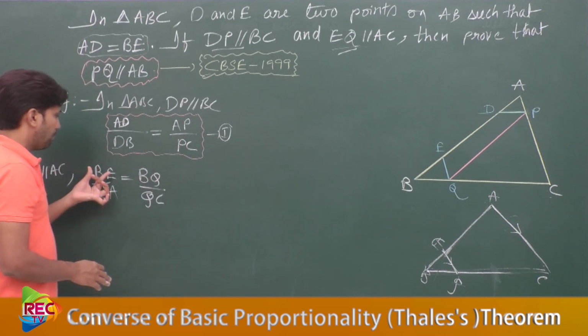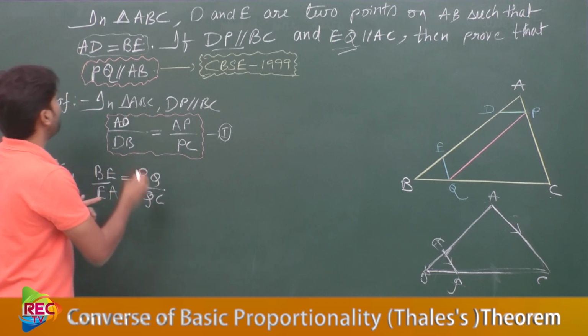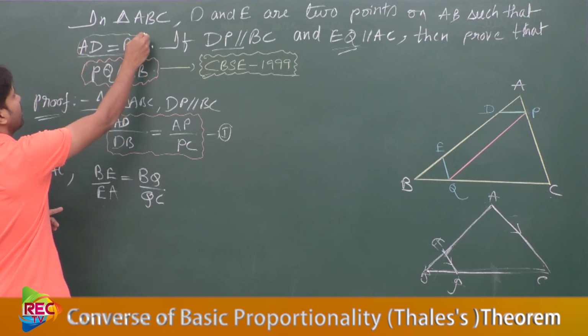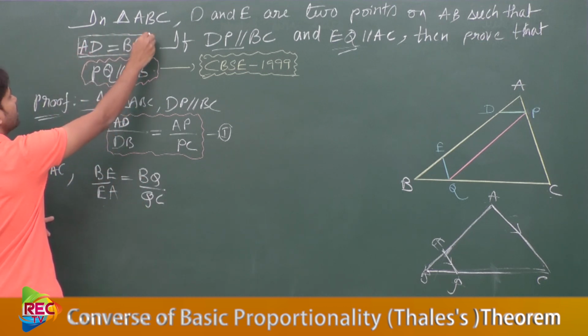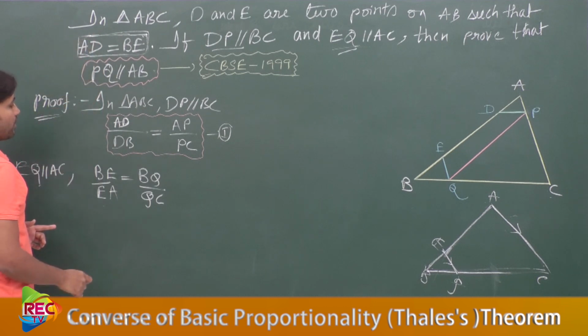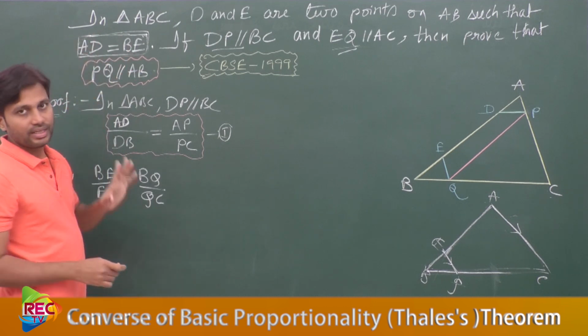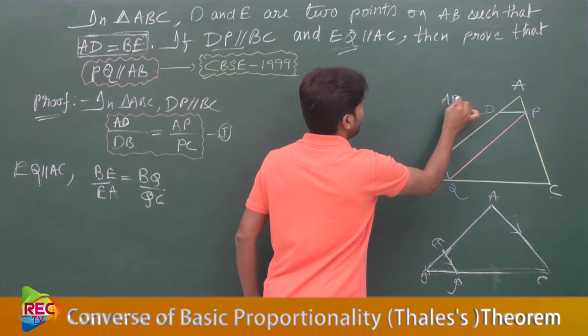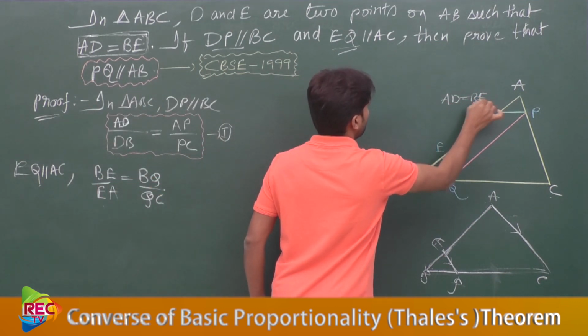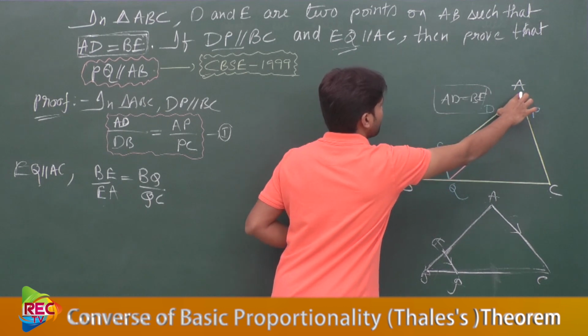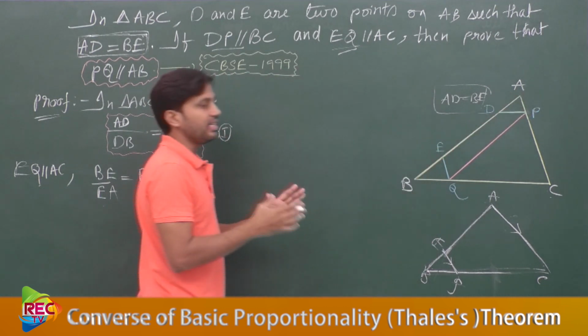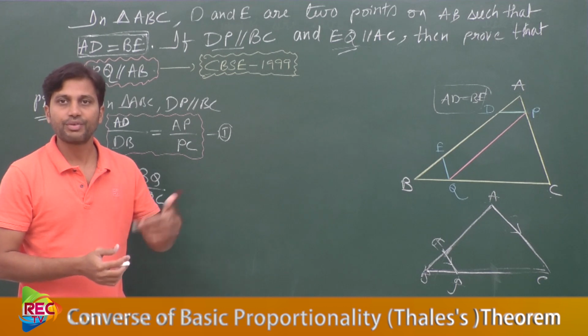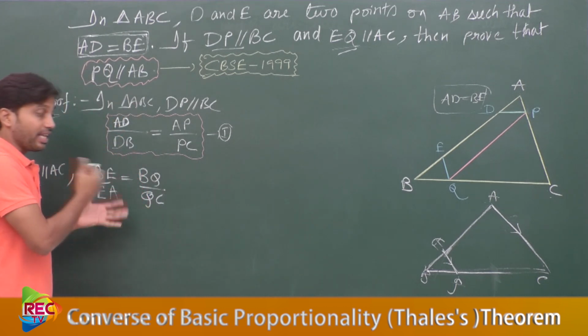Now let me do some adjustment over here. Take the advantage of this condition. We have been given AD equal to BE, right? Let me write here: AD equal to BE means this segment and this segment are equal in length. Now utilize that.